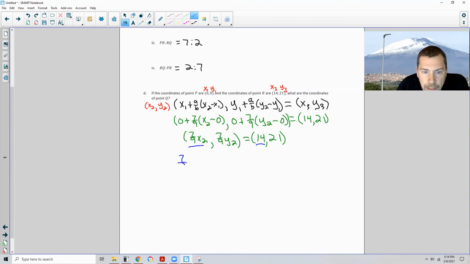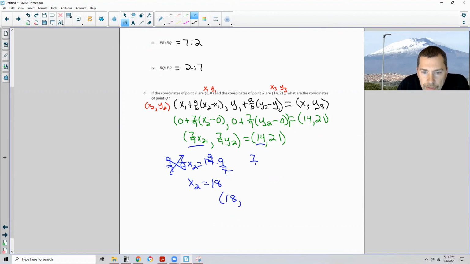I'm going to say 7/9 x sub 2 equals 14. So to solve for x sub 2, I'm going to multiply by the reciprocal on both sides. And these cancel, and I get x sub 2 equals, this 7 will make that 14 a 2, and 9 times 2 is 18.